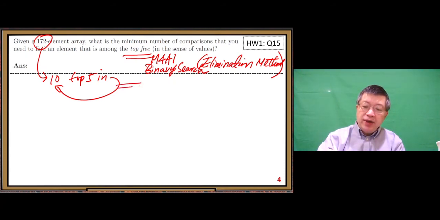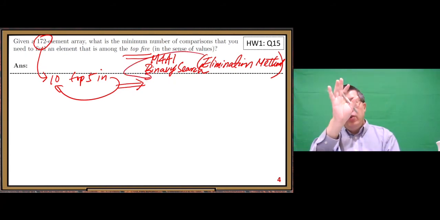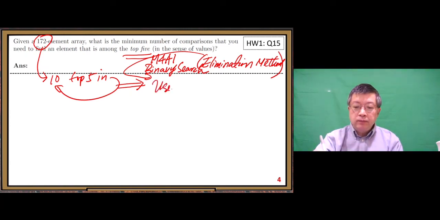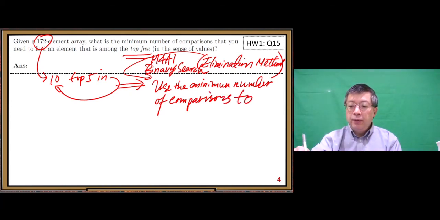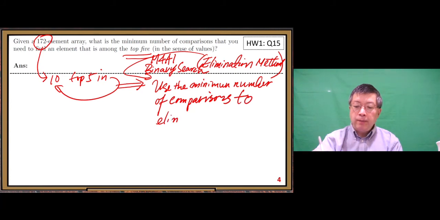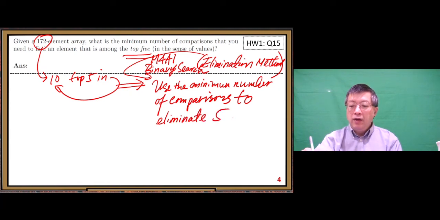This means using the elimination method, we want to use the minimum number of comparisons to eliminate 5 elements.